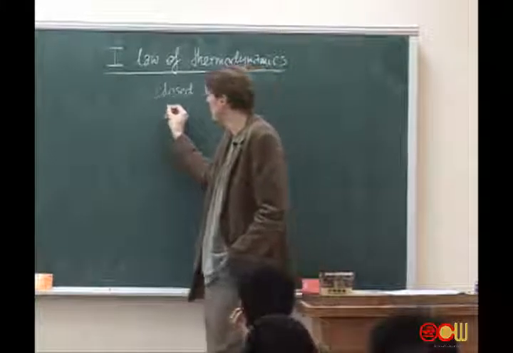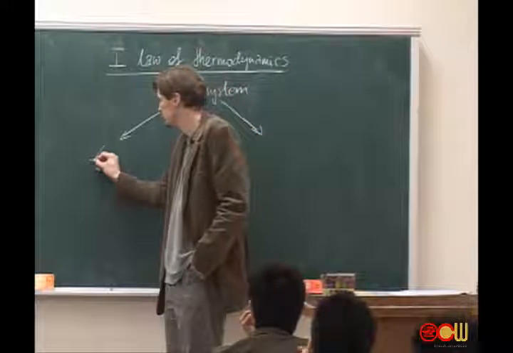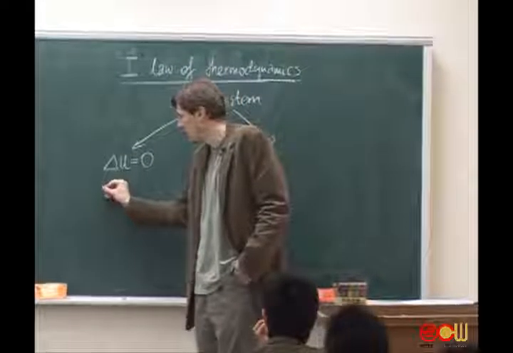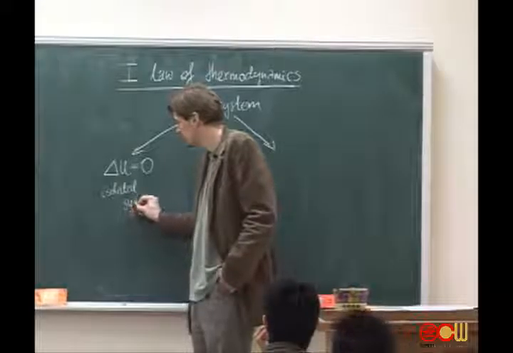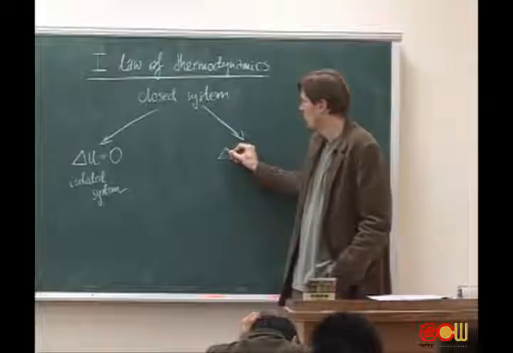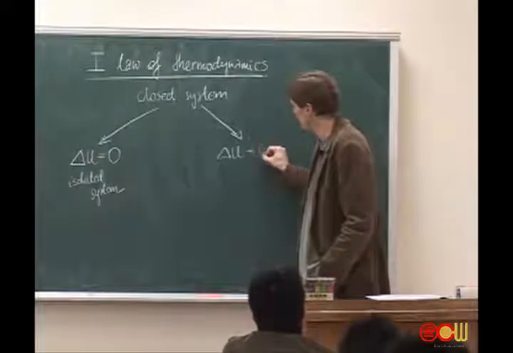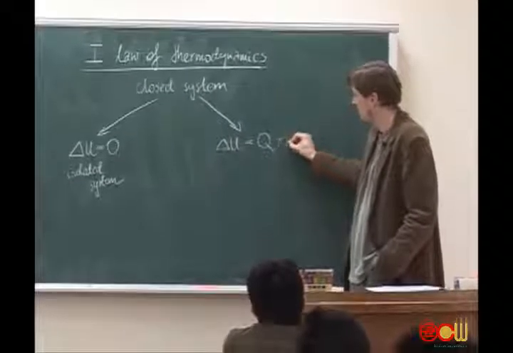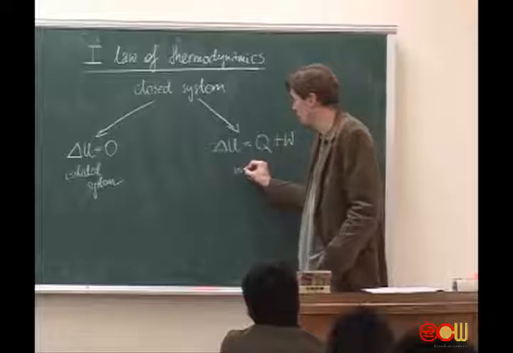So for the closed system, the energy change can be either 0, and we call it an isolated system, or the internal energy change can be equal to the heat exchange between system and surroundings and the work done by the system. And this is called a not isolated system.